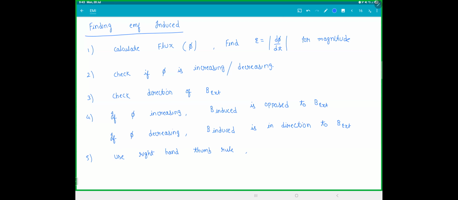Your thumb is the magnetic field and the curl of the fingers is the current direction. Thumb indicates B induced.